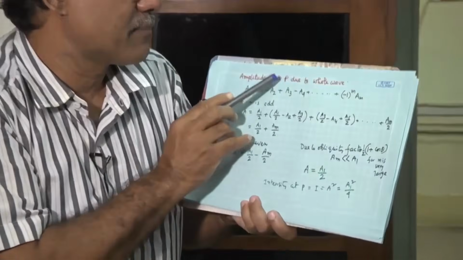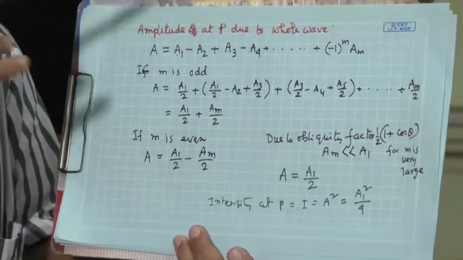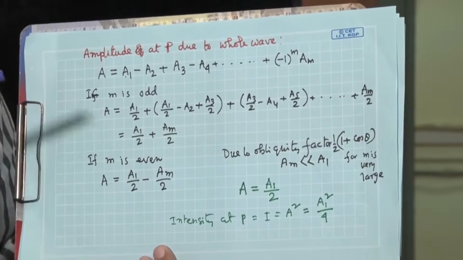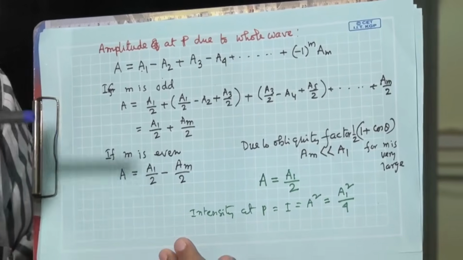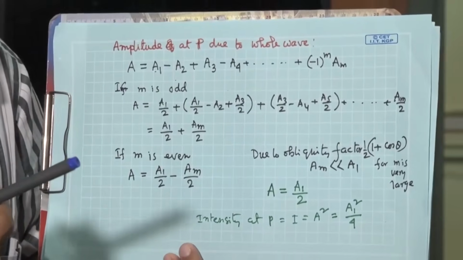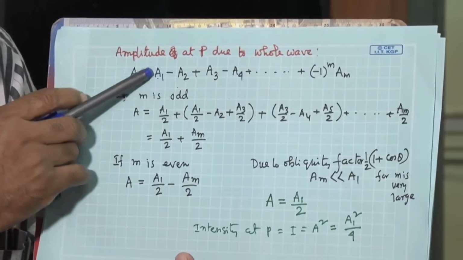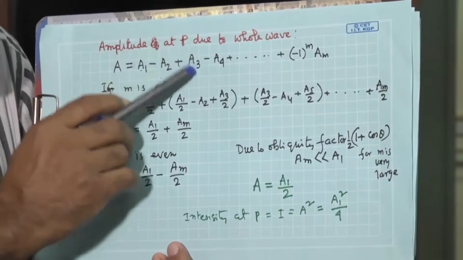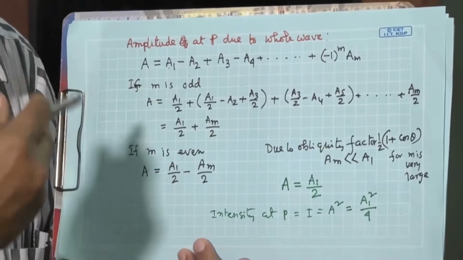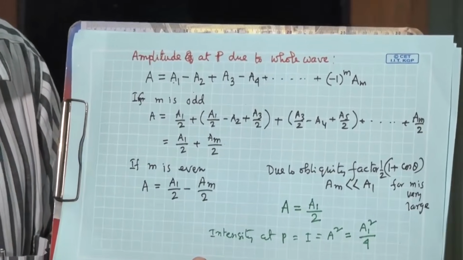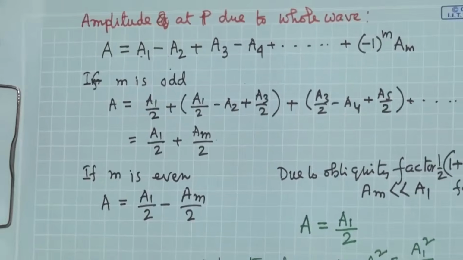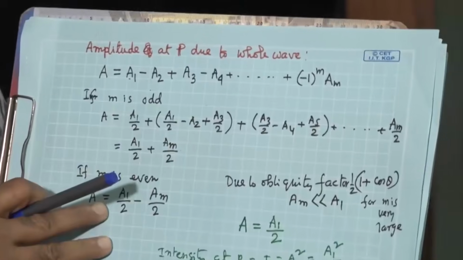The amplitude at P due to the whole wavefront: although the areas are the same, due to the obliquity factor the amplitude from each zone will not be the same. From the first zone it is amplitude A1, second zone A2, A3, A4, and so on. You already know that alternate ones will be in phase, the even ones in phase and the odd ones out of phase with respect to the even ones, or vice versa.